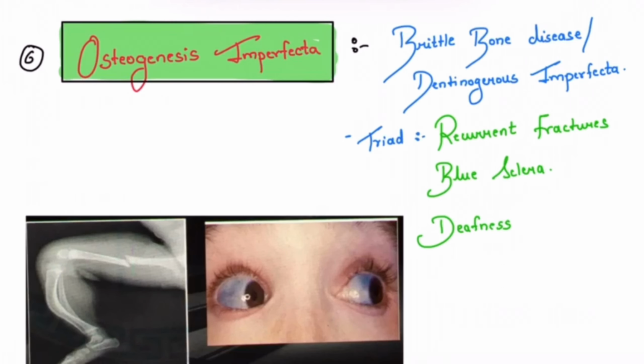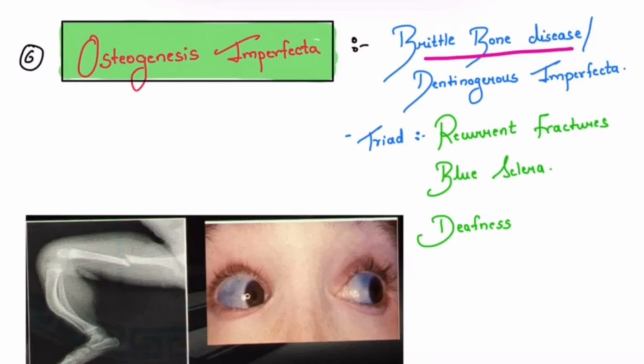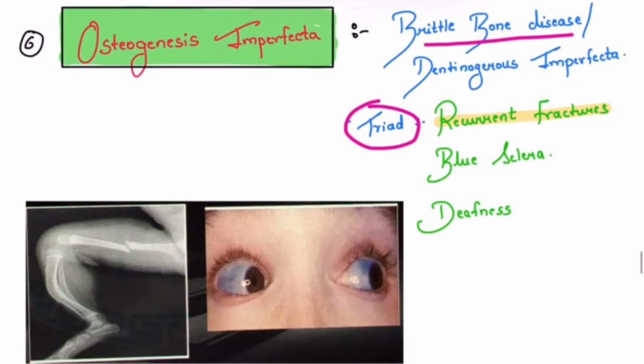This disease is osteogenesis imperfecta. It is also known as brittle bone disease, or dentinogenesis imperfecta. There is a triad you have to remember. There will be recurrent fractures as it is brittle bone disease. The blue sclera, the eyes will be blue in color, and there will be deafness.